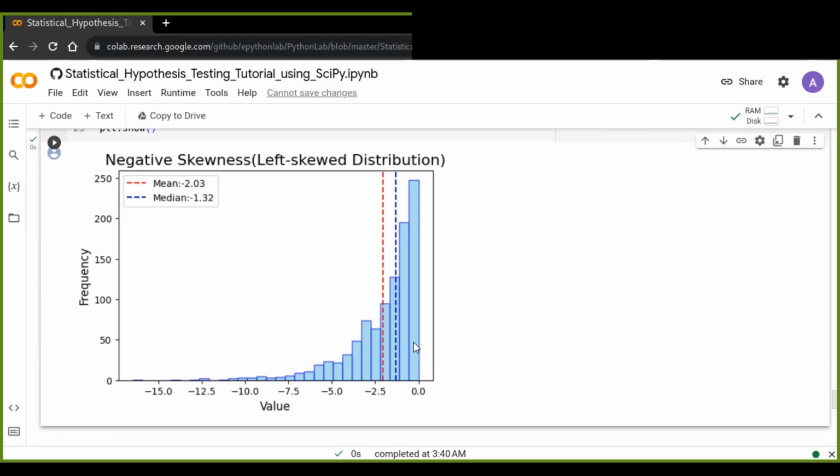In real world applications, if your data has negative skewness or positive skewness, that is not a good sign because it may have outliers or improper implementation of machine learning.